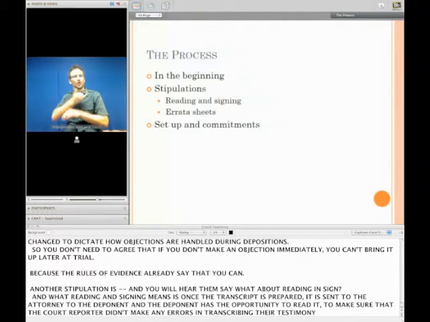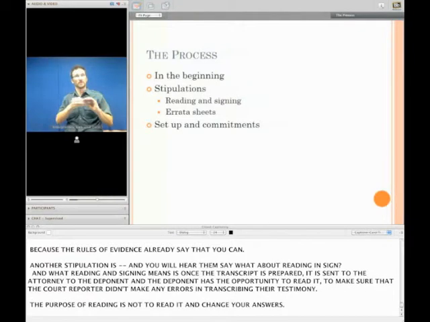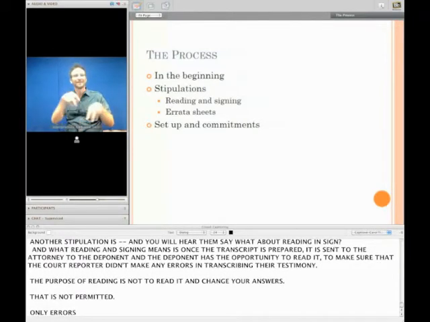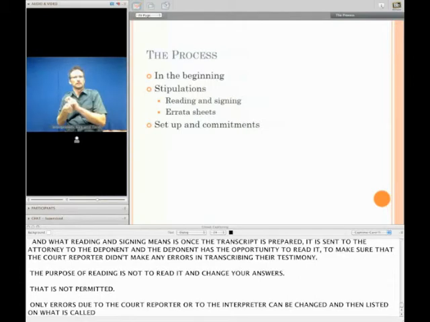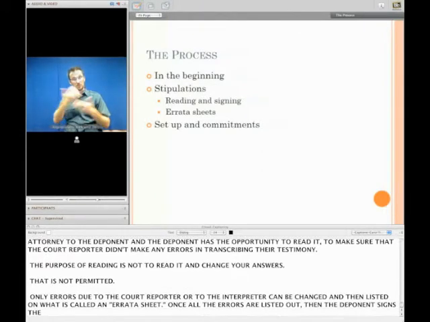The purpose of reading is not to read it and change your answers. That's not permitted. Only errors due to the court reporter or the interpreter can be changed, and they're listed on what's called an errata sheet. Once all the errors are listed out, then the deponent signs the errata sheet or signs the deposition transcript, and it's done.